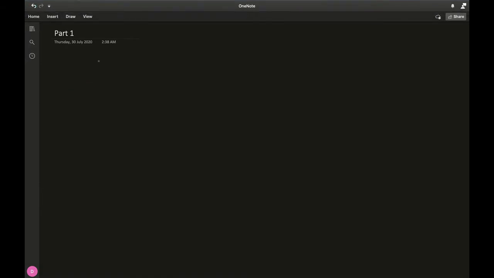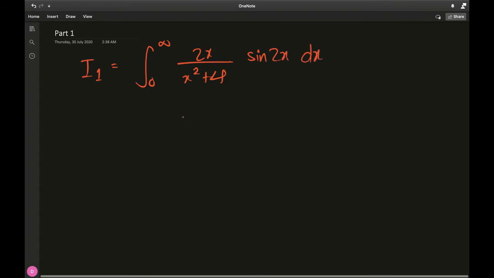As promised earlier, we have I1 equal to the integral from 0 to infinity of 2x over (x squared plus 4) multiplied with sine of 2x dx. Noticing the lower and upper bounds go from 0 to infinity, this means I can use the Laplace transform trick.